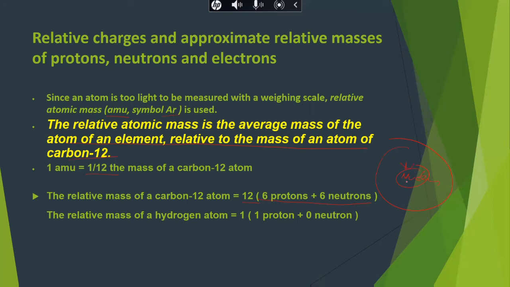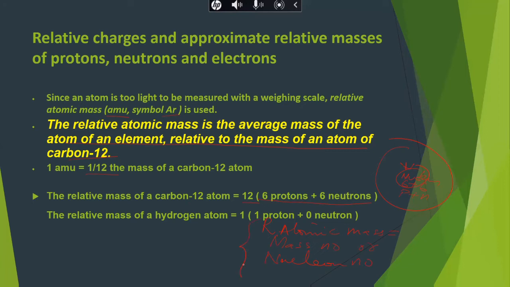This area will give you the mass number. We can also call it atomic mass, relative atomic mass, mass number, or nucleon number. These are the names we can use for this term.